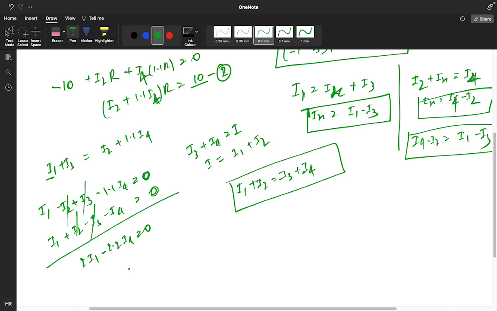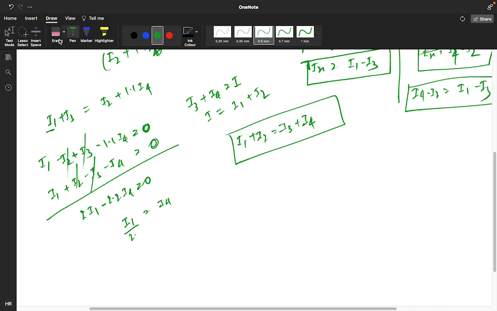So what is the relation between I1 and I4? I1 is equal to 2.2 I4 divided by 2, which is 1.1 I4. If you solve this, what relation will you get? Let me check: 2.2 divided by 2, what do you get?